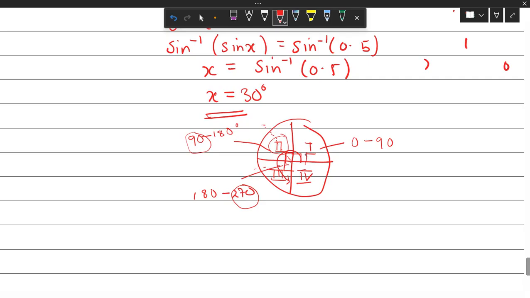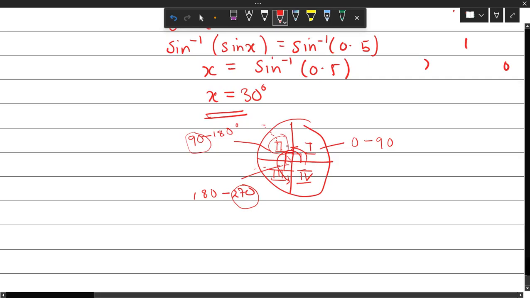Then 90 is just here. So the angle should be just somewhere within here. It can be here, here, here, or here.